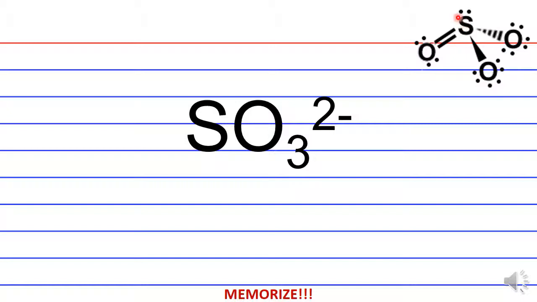And notice that sulfur has a lone pair of electrons, a double bond to oxygen, and 2 single bonds. And this can also be resonance stabilized. So memorize the charge, the structure, and the molecular formula, okay?